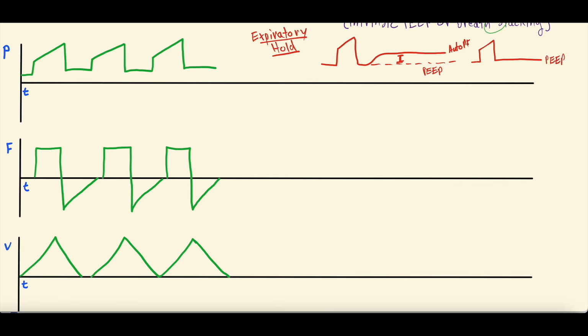But if you have auto-PEEP, that number on the expiratory hold will be higher than the PEEP you set, because that is the intrinsic PEEP, the auto-PEEP, the breath stacking, the amount of new pressure in the lungs because of that retained volume of air that's building up over time. And the vent will kick out a number when you do this expiratory hold maneuver, and that's called the auto-PEEP.